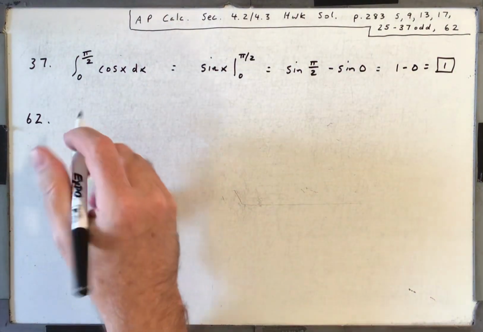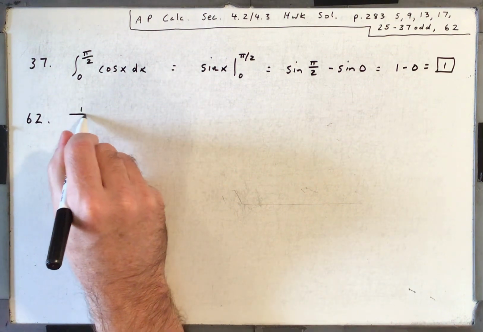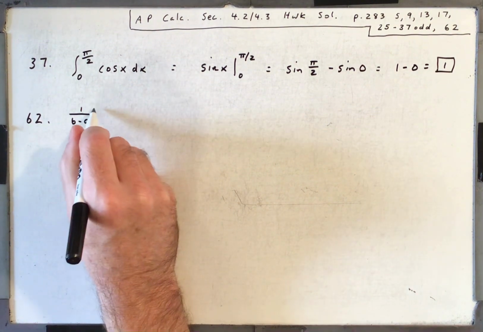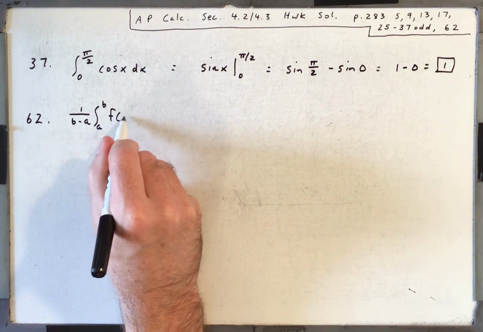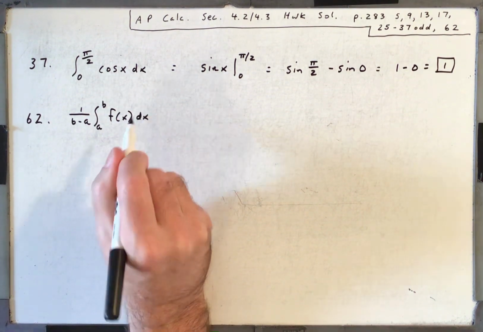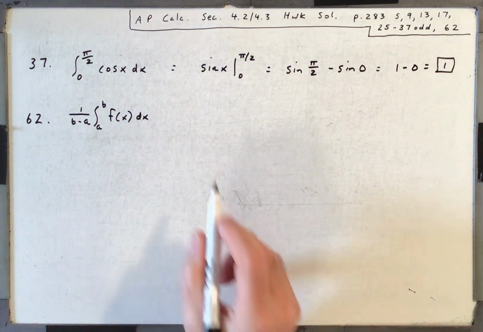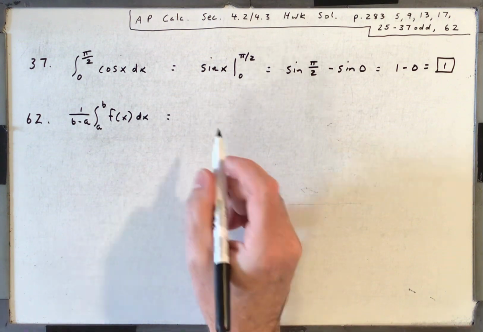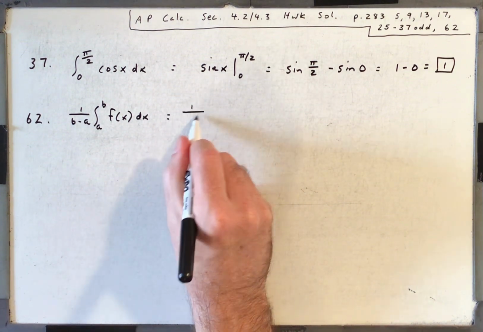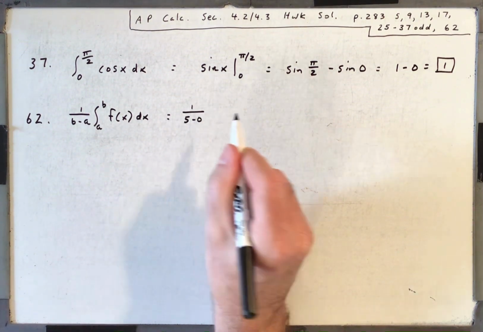So remember, we're going to use the formula to get the average: 1 over b minus a, integrate from a to b of the function. And the function is that fancy decimal function there. It's 5 seconds, so that's going to be 1 over 5 minus 0.